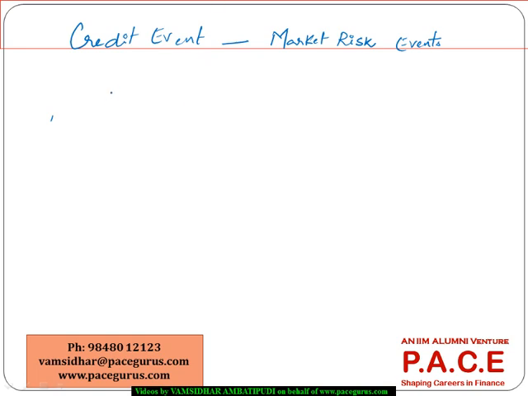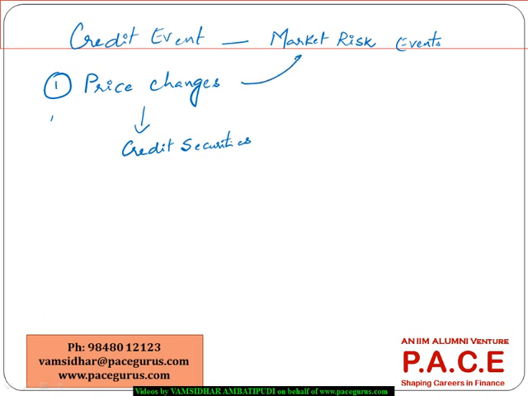When should I treat something as a part of market risk? Especially anything to do with price movements, the loss that is coming because of price changes. It could be the price change for a credit security also, but anything which is resulting in a change in the price is purely associated with market risk.